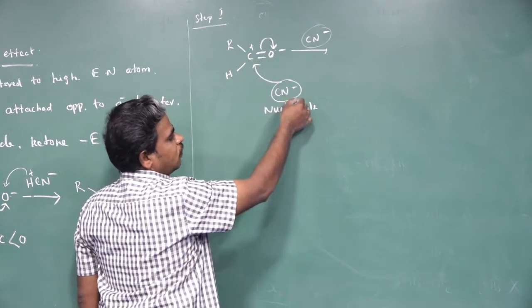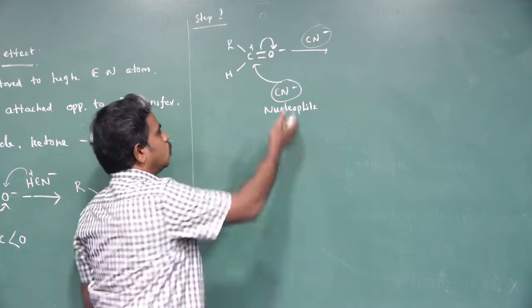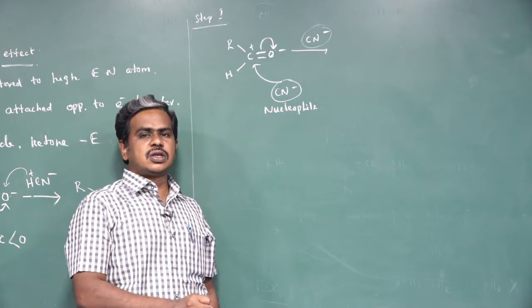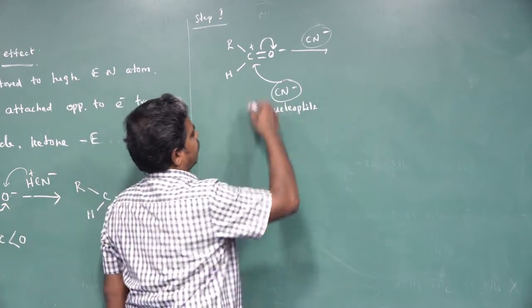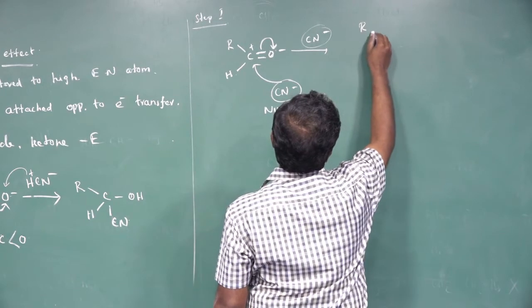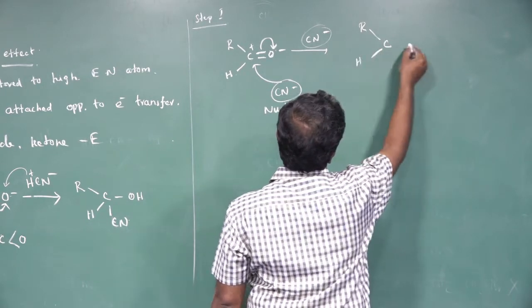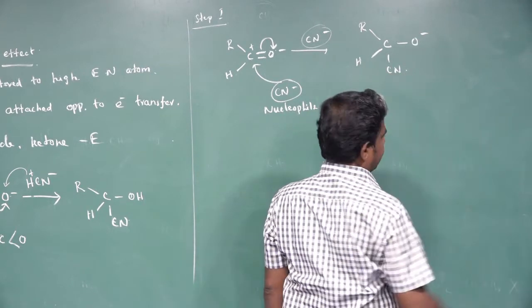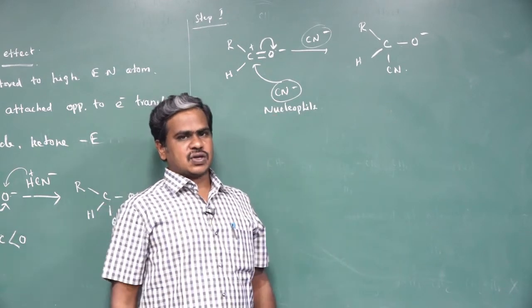Now the nucleophile or the reagent is attached opposite to the electron transfer, so that it is a negative electromeric effect. So we are getting R, C, and here H and O minus, and here CN. Now it is considered as nucleophilic addition.